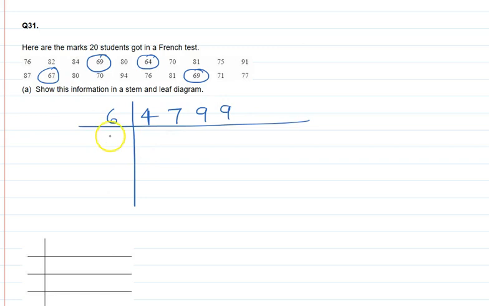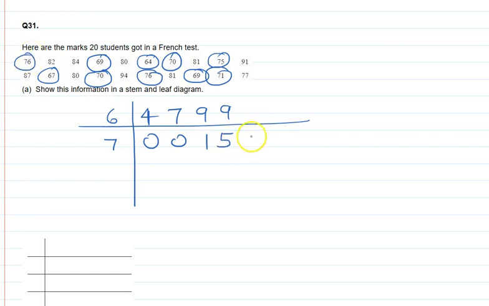Now the next number is 70, and there is one more 70, so there will be one more 0. Then 71, and then 75. Then there are 76, another 76, so we'll put 6 twice, and there's 77.